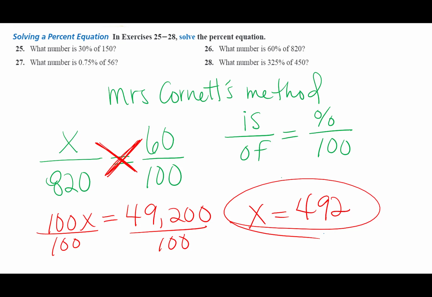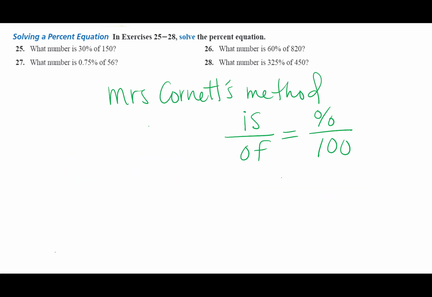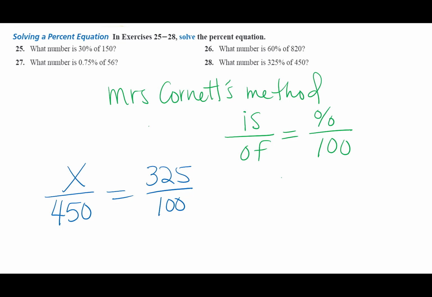Let me just show you how to do that one more time with number 28, and then we'll go on to another screen. Number 28 says what number is, so we'll put x for our is number, is 325%, so that will be our percent over 100 of 450, so that will go in the denominator where the of is. Now we'll cross multiply. 100x equals 146,250.